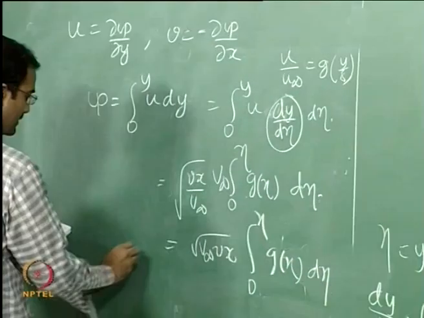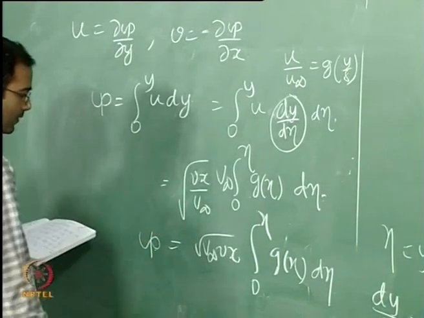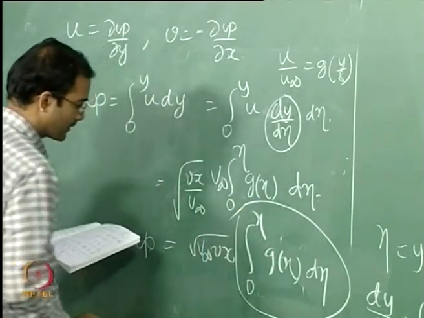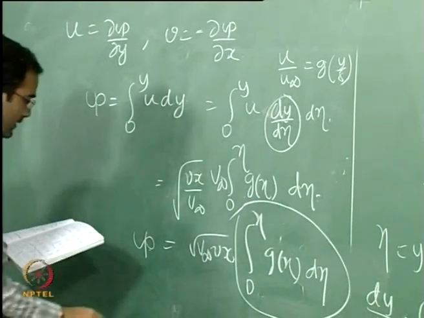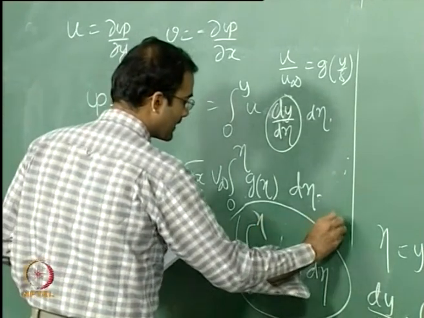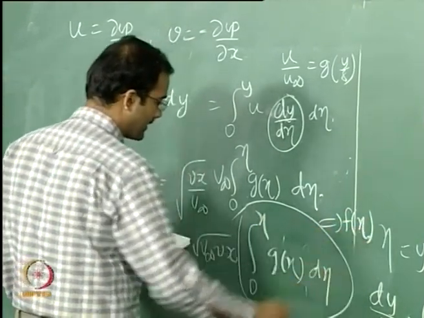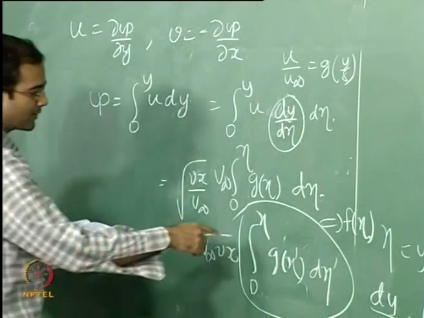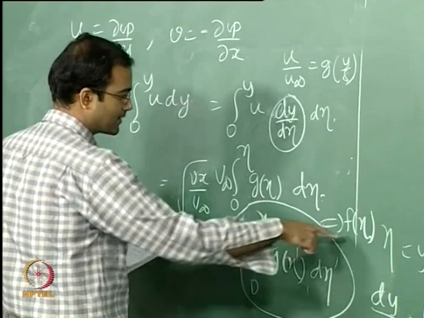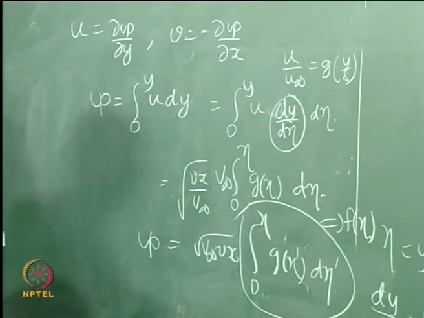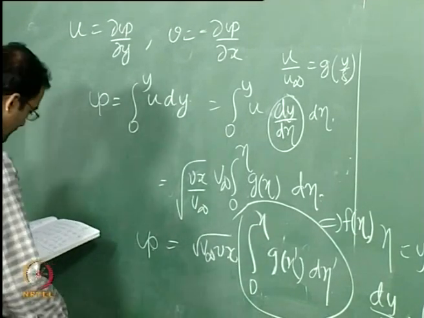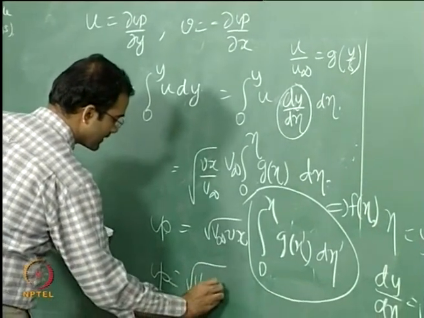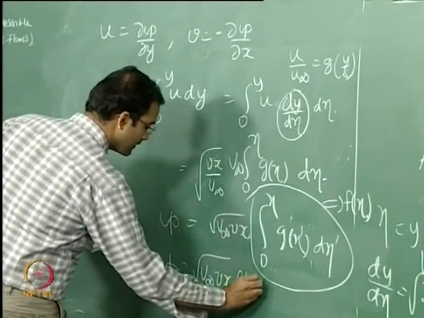So this is your psi, and now I am going to introduce another function, which says that this integral is nothing but a function of eta. You can use dummy variables here, and you are integrating from 0 to eta, so the resulting function of eta I am denoting by f of eta. Therefore psi is equal to square root of u infinity nu x times f of eta.